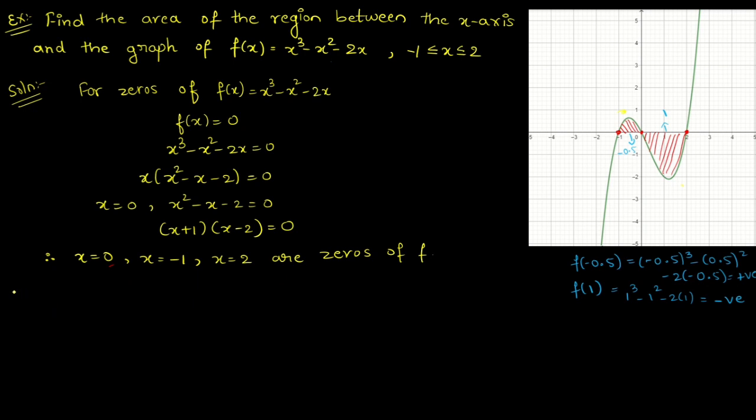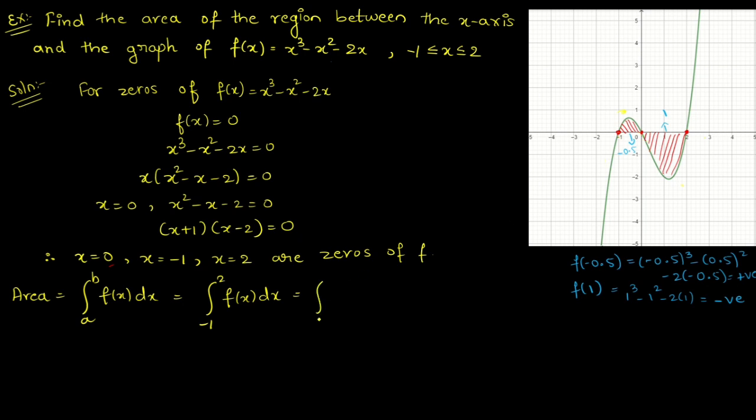So to find the area, the formula is integral a to b f of x dx. But here the given interval was minus 1 to 2. We can see that this interval minus 1 to 2 has been divided into two parts using 0.